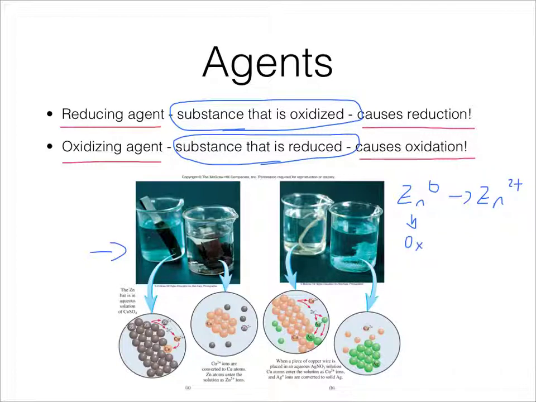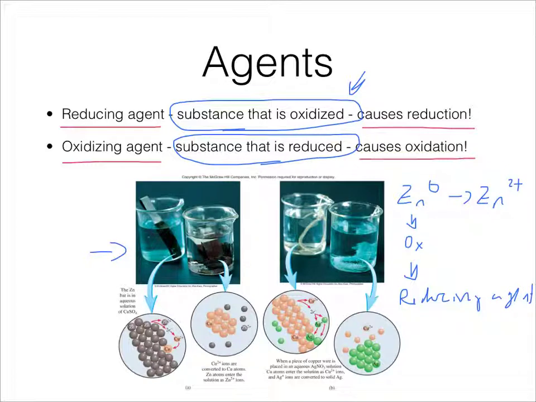Since the zinc is oxidized, the substance that is oxidized is the reducing agent. So zinc is oxidized, and it's the reducing agent in this case.